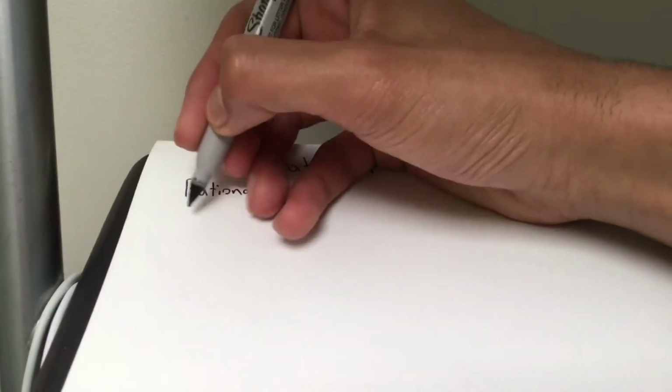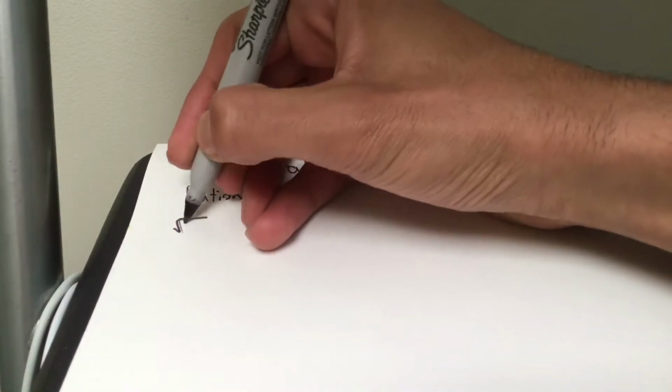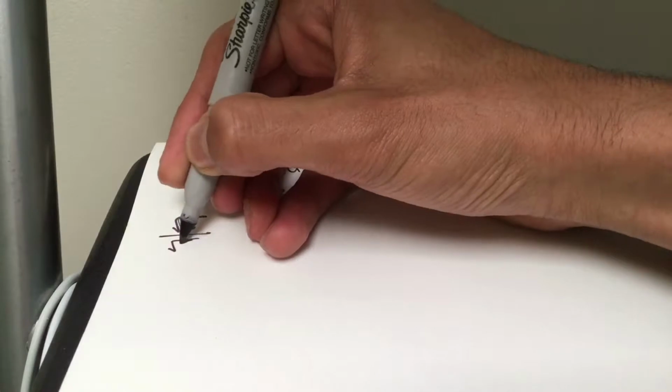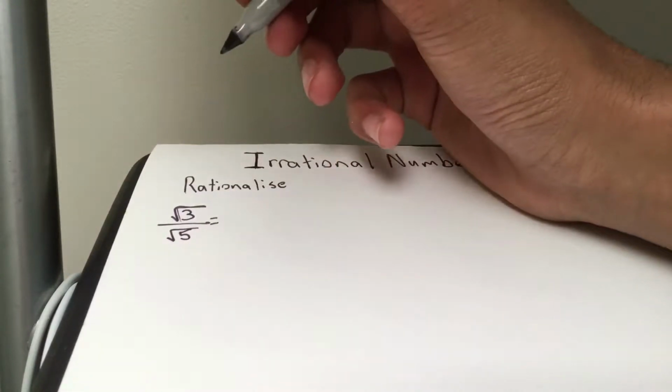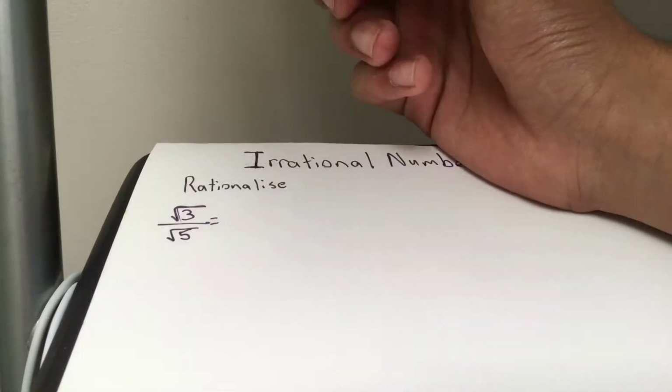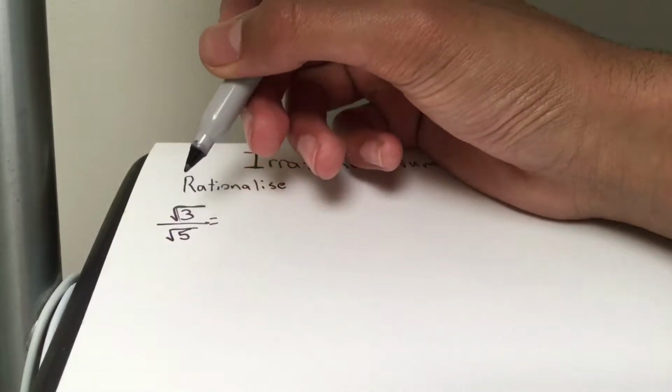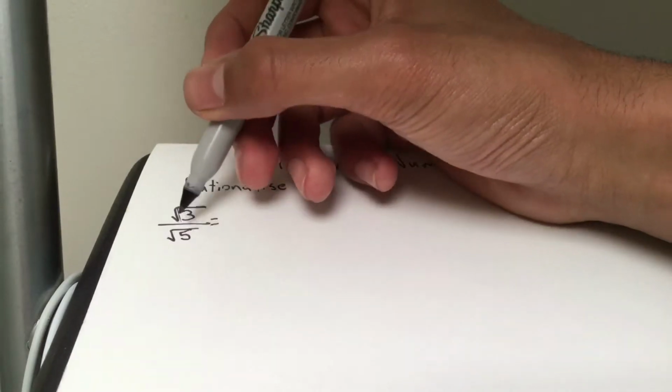Okay, I'll give you an example of an equation and let's rationalize it. Okay, so square root 3 over square root 5. As you see, the denominator has a radical sign in it.